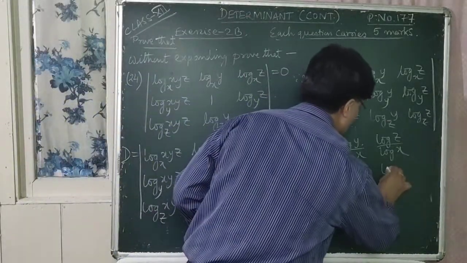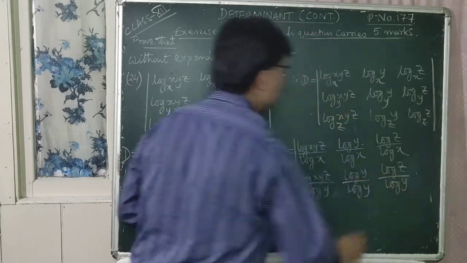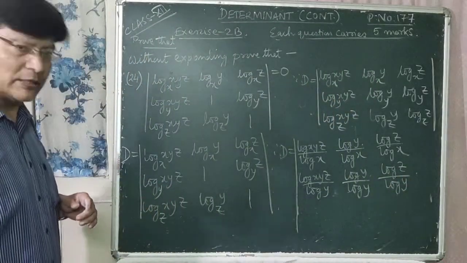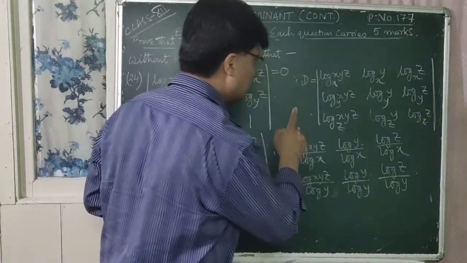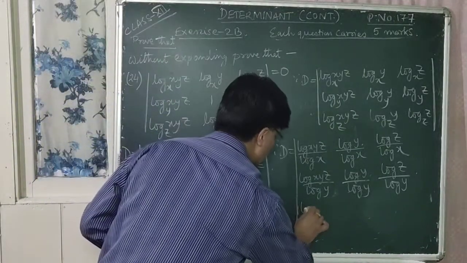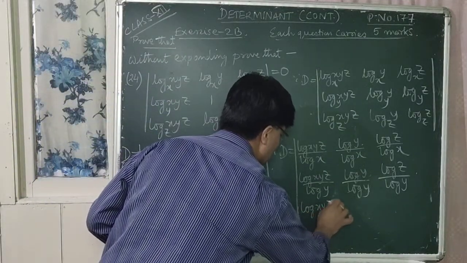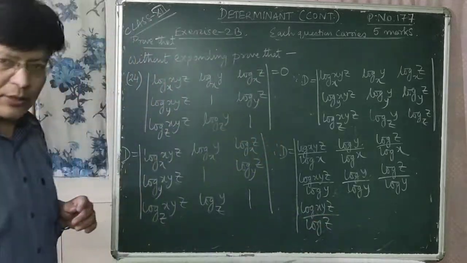Then log z by log y. Similarly, what is the third row here? You can write each and every term in terms of fraction, right? So log of xyz divided by log z, okay?